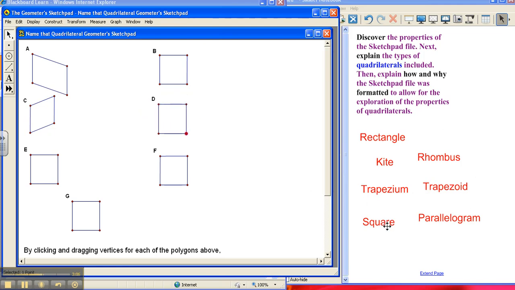A square. It's always going to be a square. So I'm going to conclude that letter D was designed to be a square. And then I'm going to wonder how they did that in Sketchpad. How did they make them all look the same but have different properties? I'm going to unclick that point because I'm going to go to the next one.